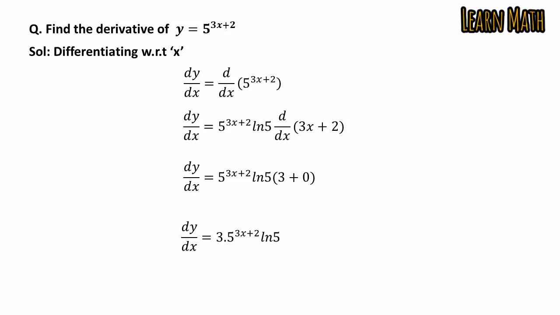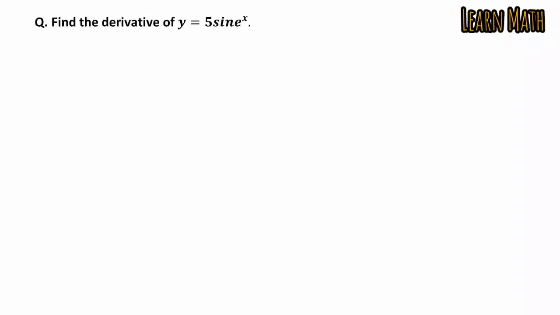The next question is, find the derivative of y = 5 sin(e^x). Differentiating with respect to x, dy/dx is equal to d/dx of 5 sin(e^x). Now dy/dx is equal to 5 times the derivative of sin(e^x).